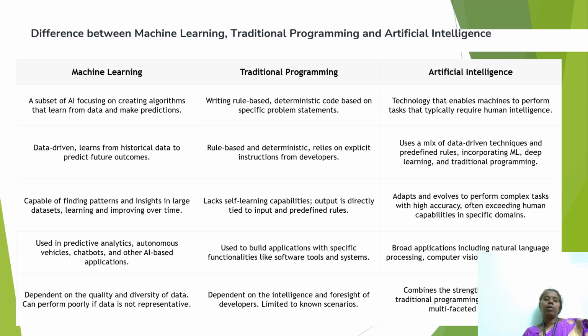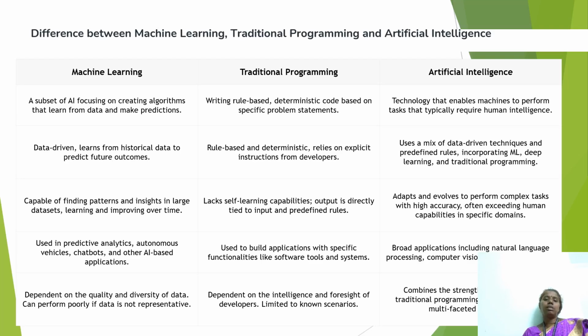It is capable of finding patterns and insights in large data sets, learning and improving over time. It is used in predictive analytics, autonomous vehicles, chatbots, and other AI-based applications. It is dependent on the quality and diversity of data, and can perform poorly if data is not representative.